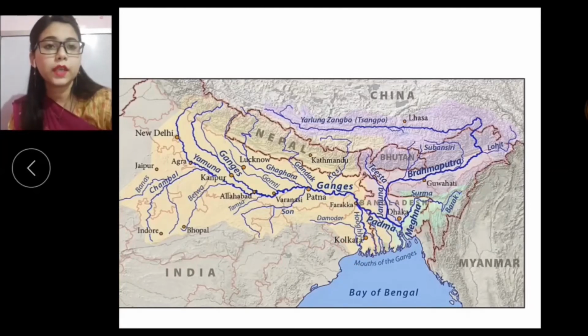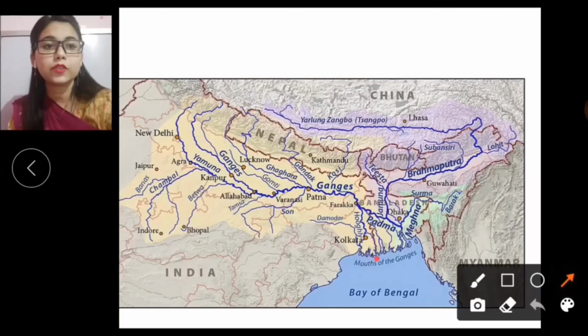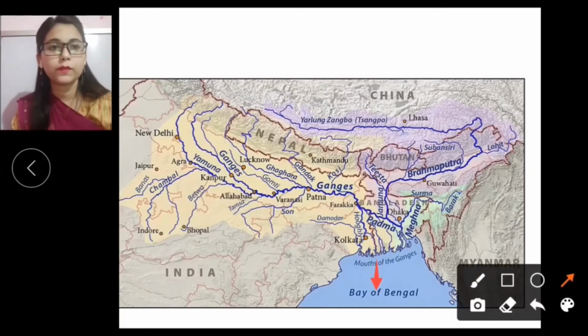Can you see the Hooghly river? The Hooghly flows to Kolkata, and then it enters the Bay of Bengal.